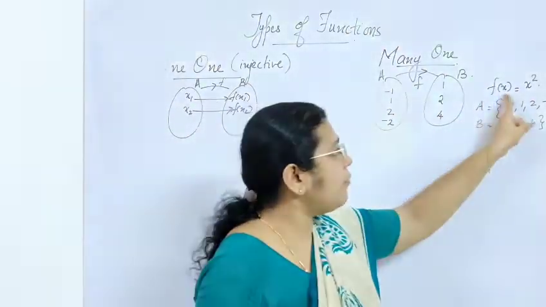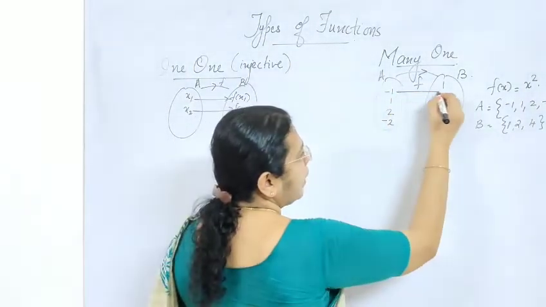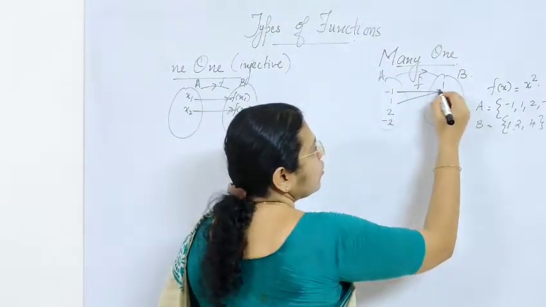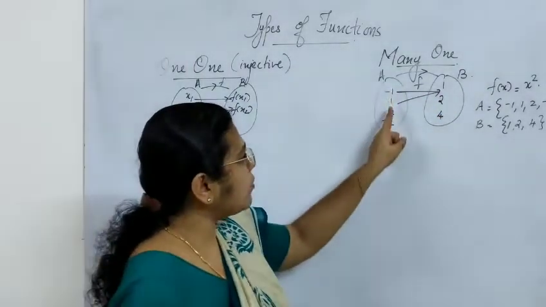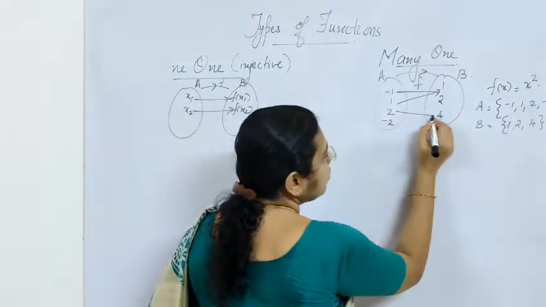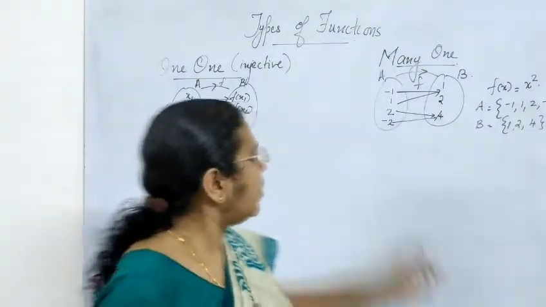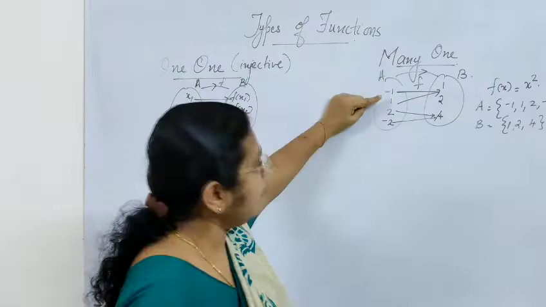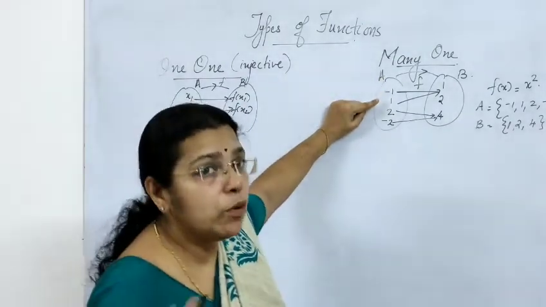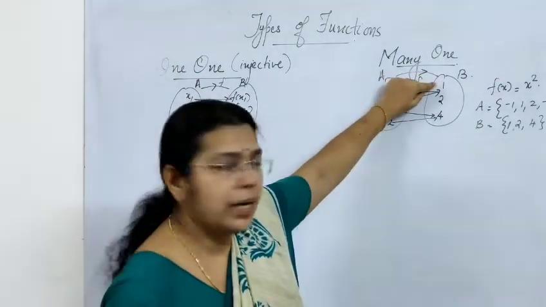Under the function f of x is equal to x square, -1 gives you what? -1 square, which is 1. 1 square is also 1. So 1 as well as -1 is mapped to 1. Now 2 and -2: 2 square is 4, -2 square is also 4. Here what happens? Two or more elements are mapped to a single element.